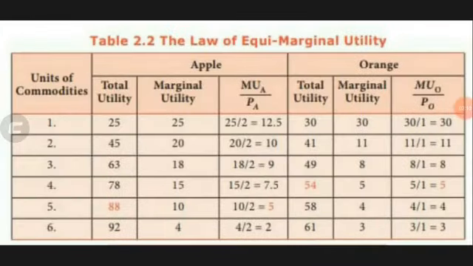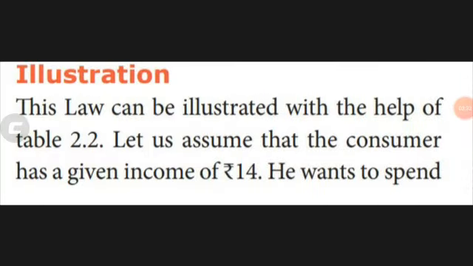Next, see the table. In the table you can see the units of commodities, marginal utility and total utility of apple given. Next, separately, total utility and marginal utility of orange are given. In this table, suppose the income is 14 rupees.